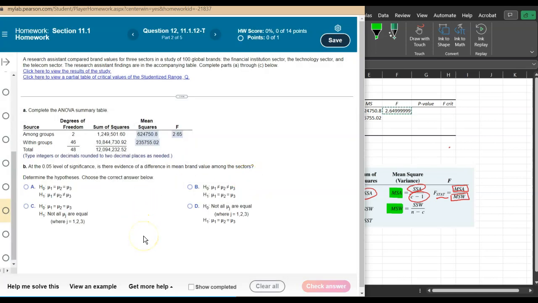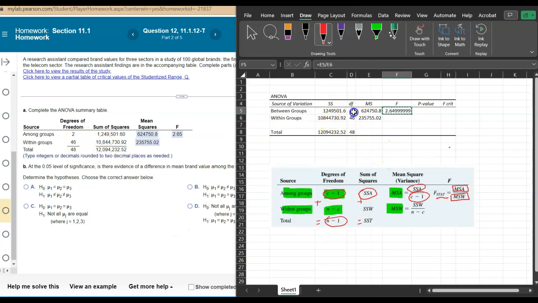The null hypothesis is always the same. Since the degrees of freedom here is 2, it means that C minus 1, the number of columns minus 1, is 2, so C would be 3.